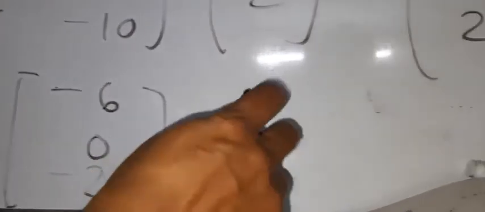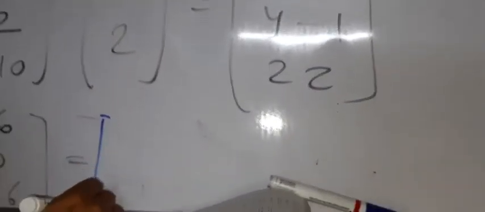So we get this, which is equal to x minus 3, y minus 1, 2z.